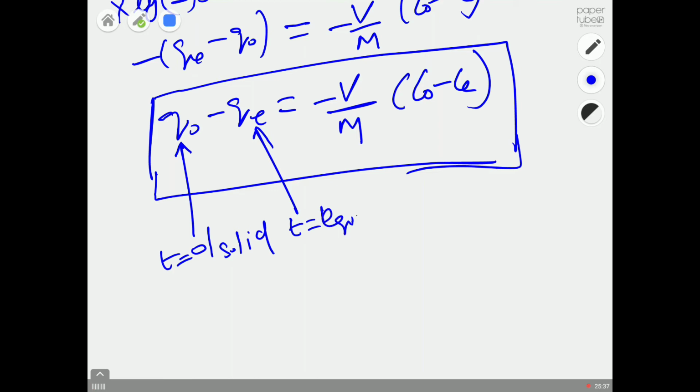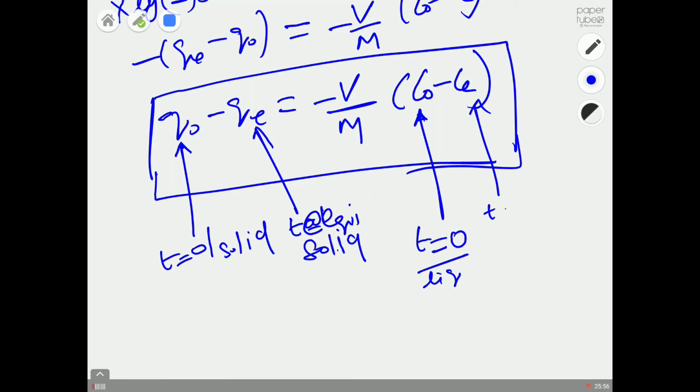And then we have the liquid concentration of your solute in the liquid side when t is equal to 0, and this is the concentration of solute in the liquid side at equilibrium.